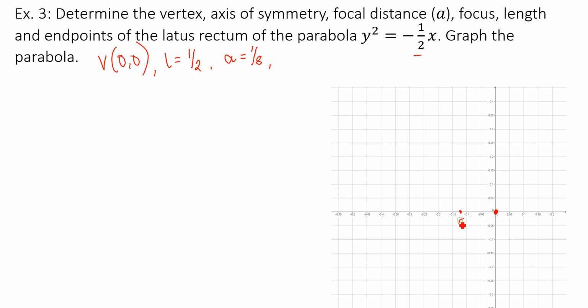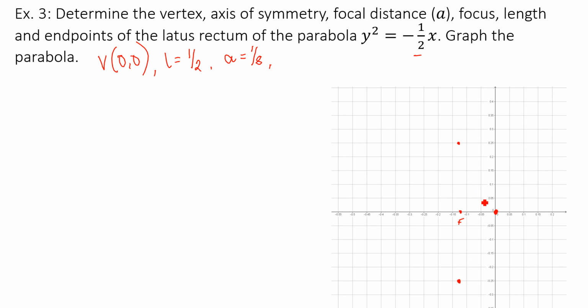Now, the end of the latus rectum is 1/2 of the latus rectum. So 1/2 of 1/2 is 1/4, so that's 0.25. So it should pass somewhere here.